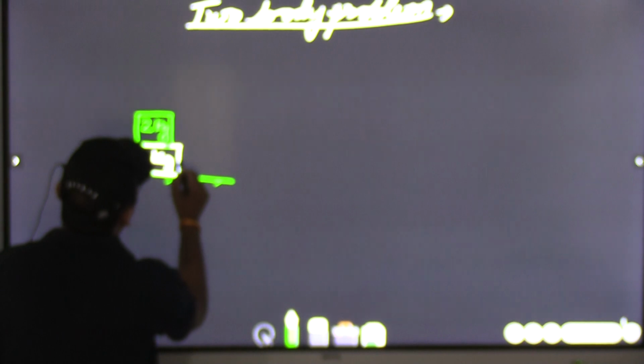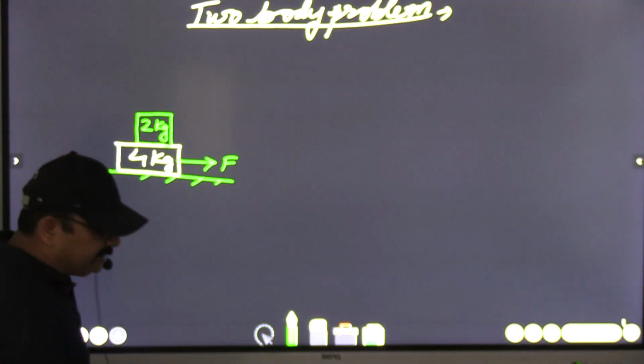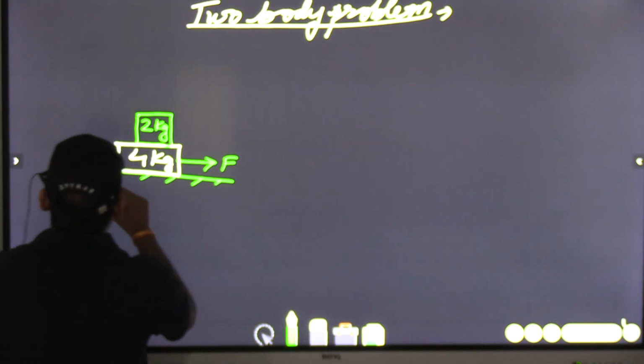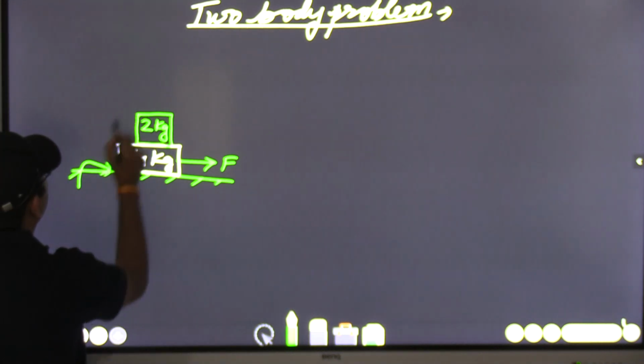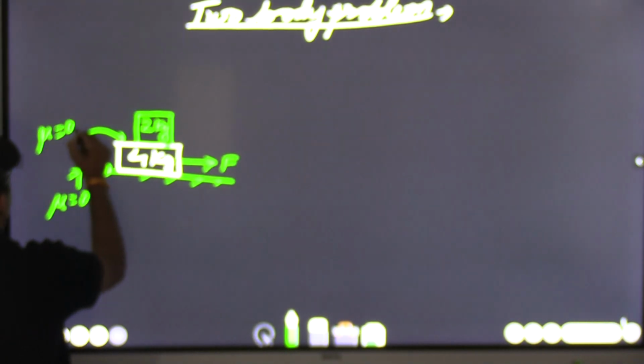A force is to be applied on the lower body. Suppose the applied force is F, and since the surfaces are rough, there is a coefficient of friction. Suppose the coefficient of friction between the ground and the lower block is 0.3, and that between the blocks is 0.2.